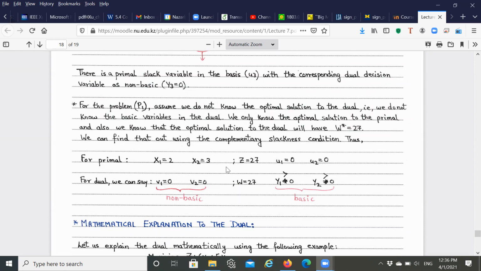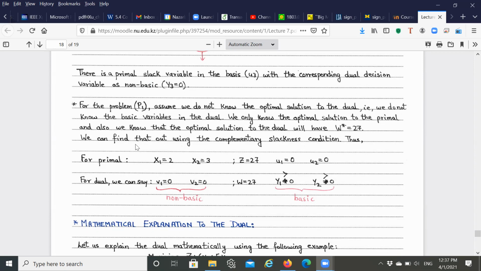I know what the basic variables and non-basic variables are, and I know the optimal value of Z. I do not know the values of y1 and y2 in my dual. When I say we do not know the optimal solution to the dual, it means we do not know the basic variables, the basic feasible solution.